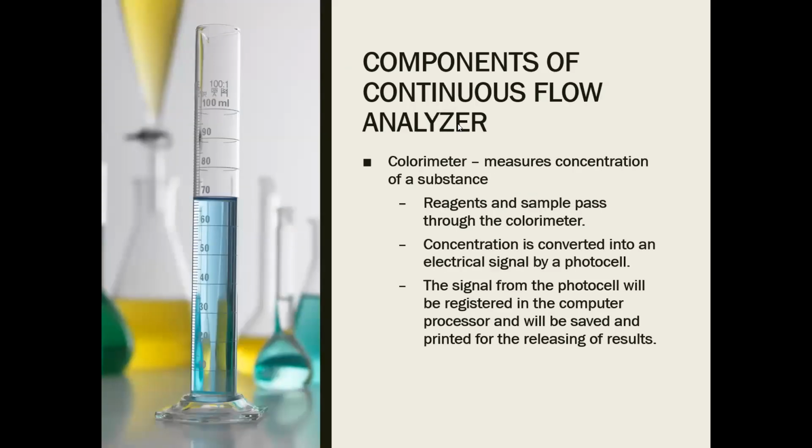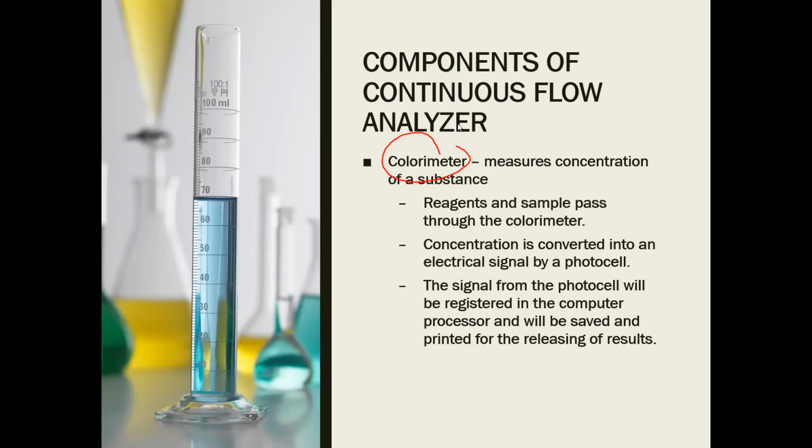Oh, we also have what we call the colorimetry. Like what I've said, di ba kanina, as the color intensifies, the concentration, it is directly proportional to the concentration of our substance. So based on the colorimeter measures the concentration of a substance. Okay? Take note, guys, that in colorimeter, that is the principle behind our continuous flow analyzer, and it is based on the reagents and sample passes through the colorimeter.